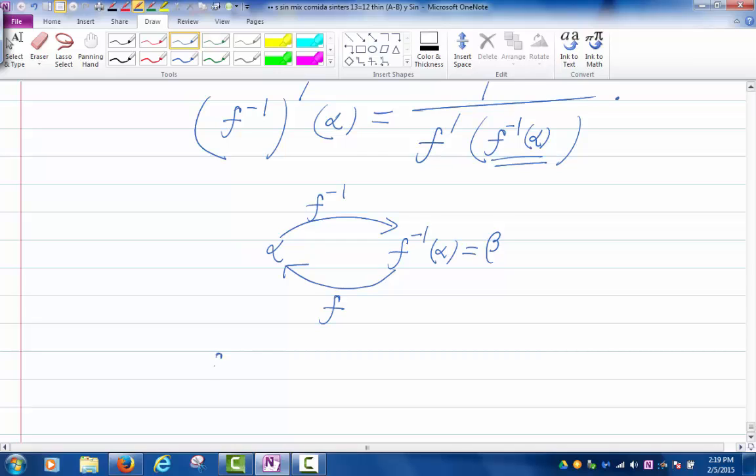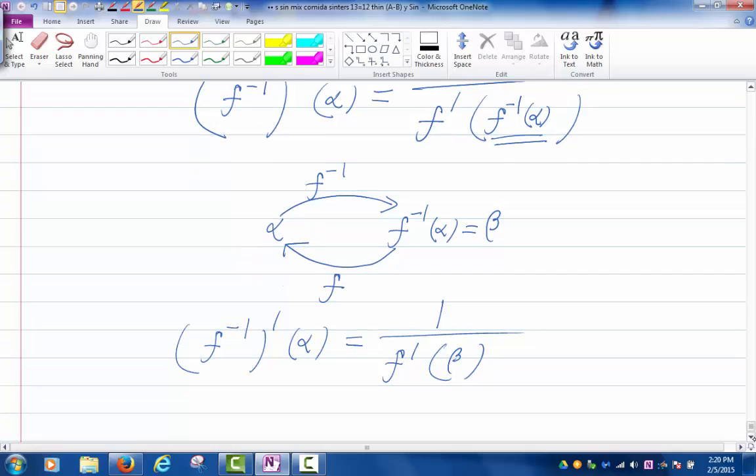So what we are saying is that the derivative of the inverse function at alpha is the same as 1 over the derivative of the function f at beta, where beta is the output value of alpha under f inverse. Am I making sense? You have to memorize this formula for the next exam.